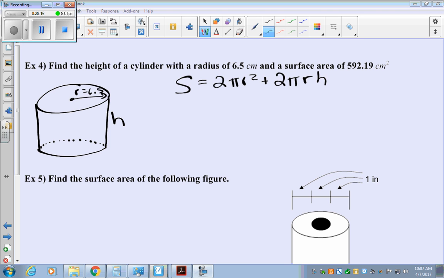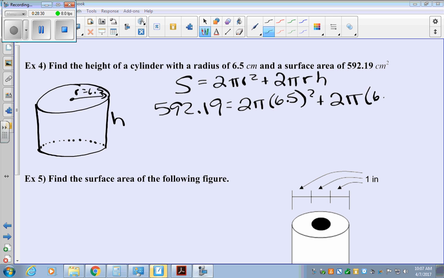Let's plug in what we know. 592.19 is the surface area. The radius is 6.5. Let's simplify that together.